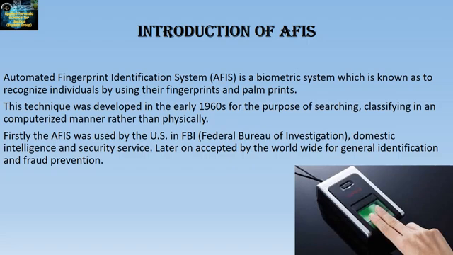It is first and foremost used by law enforcement agencies for criminal identification purposes, the most prime of which is the identification of a person suspected of committing a crime or linking a suspect to other unsolved crimes. Later on, it was accepted worldwide for general identification and fraud prevention.